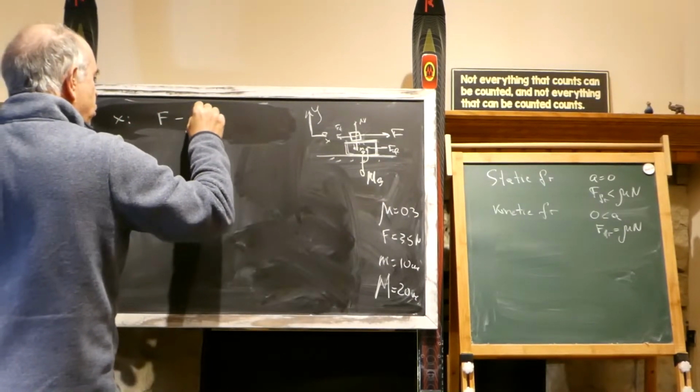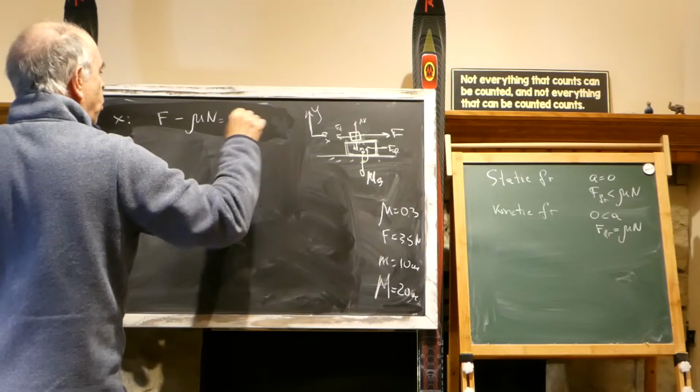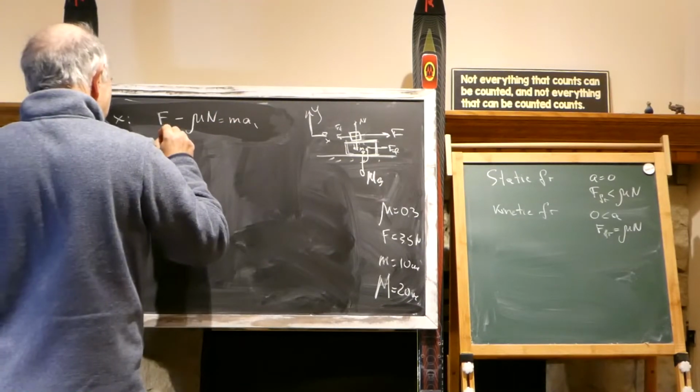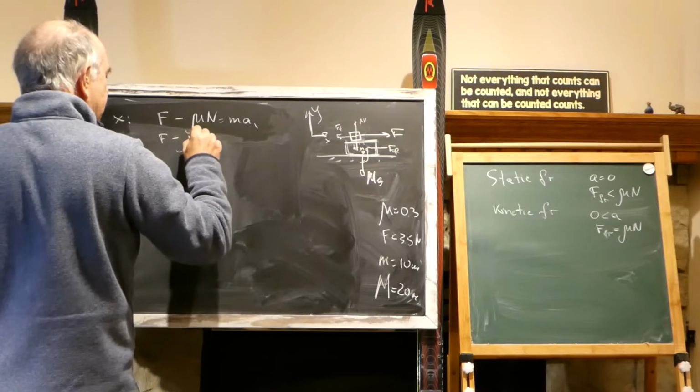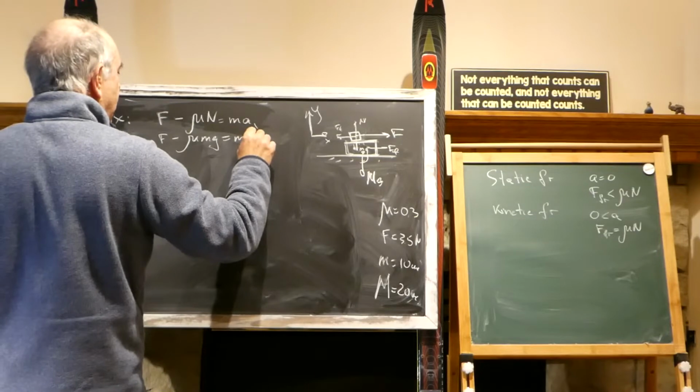Then it would be mu N equal ma1. And I can say that this is F minus mu mg equal ma1.